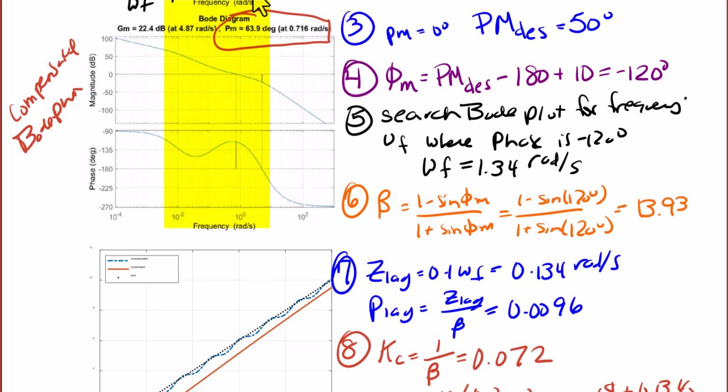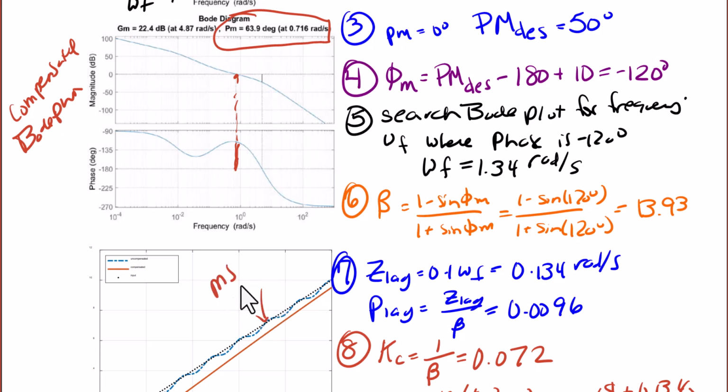This dip represents where the lag compensator has now changed the phase margin, and we actually beat the spec of 50 degrees because it is actually 68.9 degrees, and omega F, or the center, is actually at 0.716 instead of 0.134. But the main thing to notice is that we were able to create a lag compensator that was going to meet our design specifications for the phase margin.